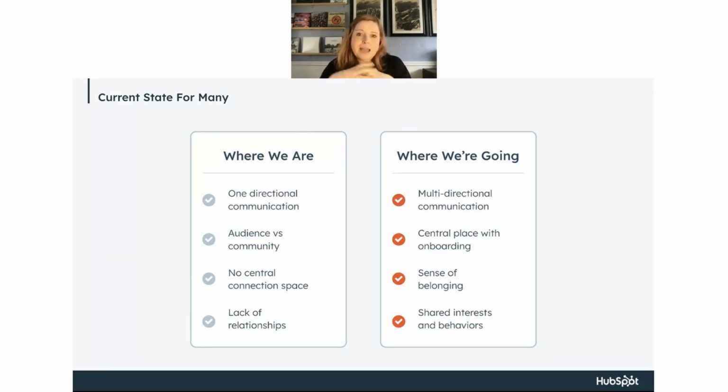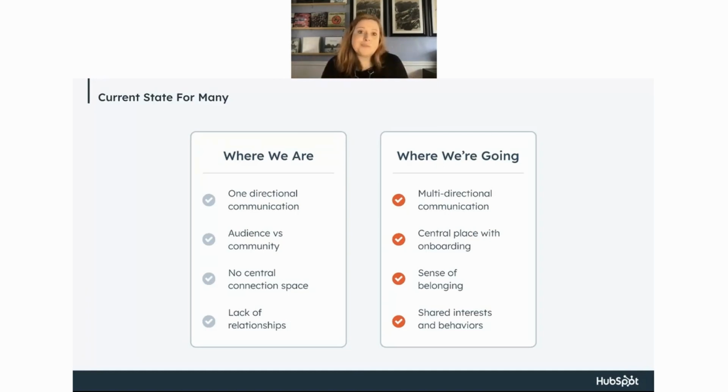It's incredibly empowering because what you're doing is you're facilitating connection for them. You're giving them a space where they can learn more about you, but they can also learn more about others. And that behavior creates a sense of belonging. When you feel welcome, you feel appreciated, you know how to behave in certain ways within the space, and you have positive reciprocation of those behaviors, you feel like you belong.